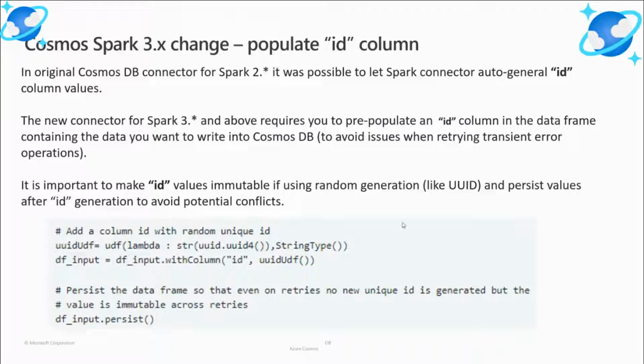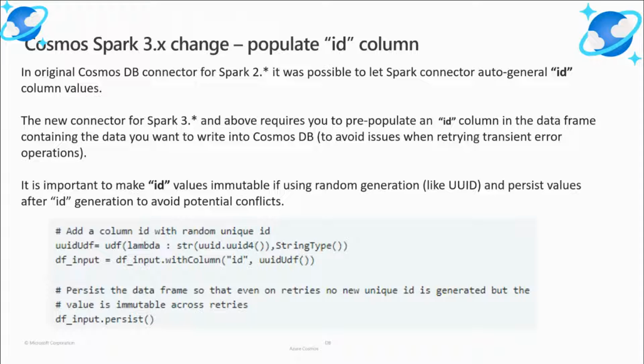So within Spark, what we want to do is use a simple UDF to do the UUID generation for the data frame, and then we add the column for ID using that UUID UDF. But at the end, we want to do a persist in Spark, and persist will guarantee that the ID generation is persisted within the data frame as a column, and when you actually do the write, it will not have some random conflict.